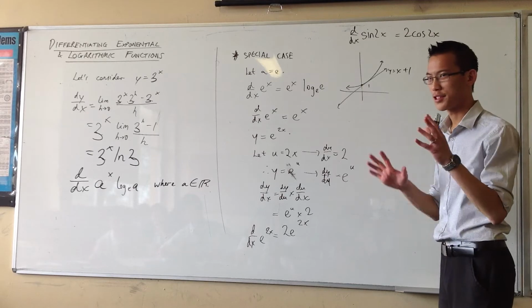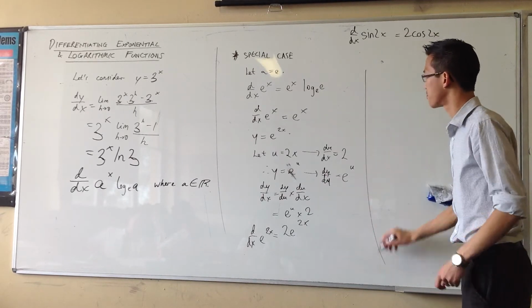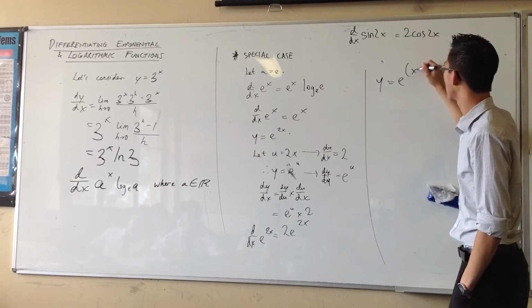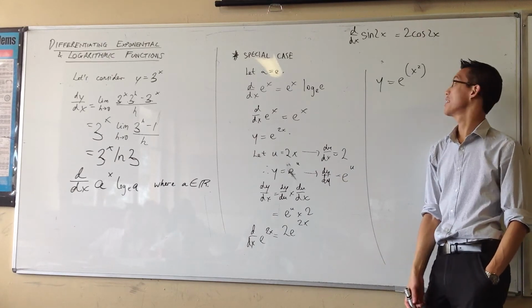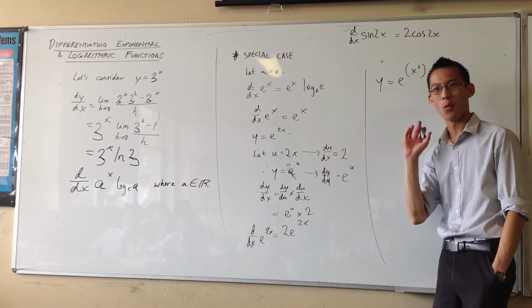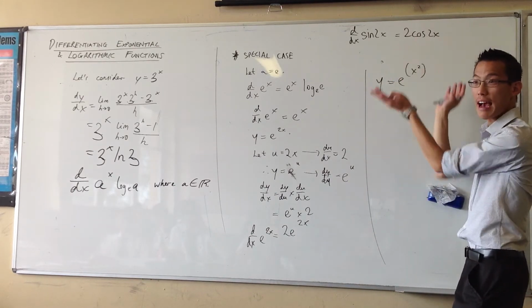Let me do one more example, just to get your brains practicing the chain rule. y equals e to the x squared. It looks terrible because you're like, how many indexes does this have, it just goes on forever. What do I do with this? Well, I differentiate the inside, and then I differentiate the outside.